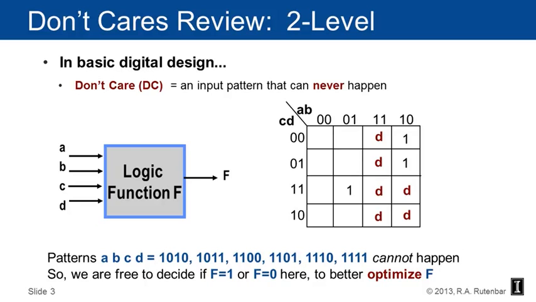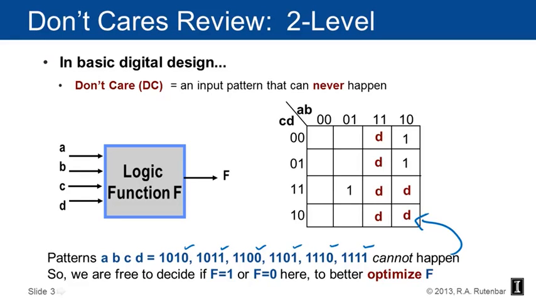And so what if we just tell you that the following patterns of ABCD cannot happen? 1010, 1111, here I'm just going to check them now, 1100, 1101, 1110, 1111. What if we tell you that those things cannot happen? Then each of those things can become a don't care in the Karnaugh map, and we get don't cares in 1, 2, 3, 4, 5, 6 places corresponding to those patterns.